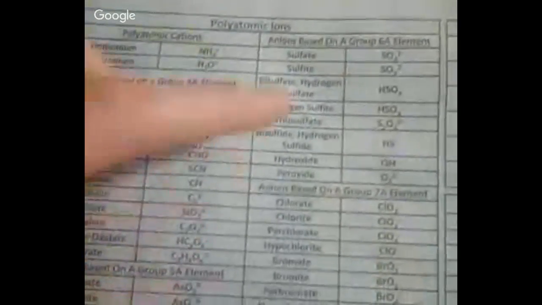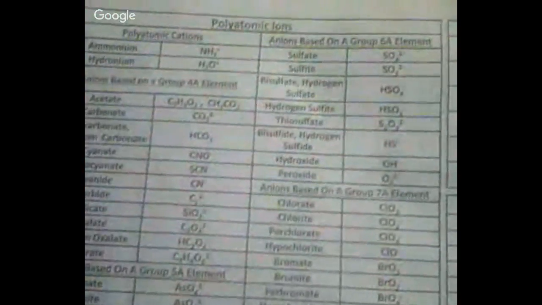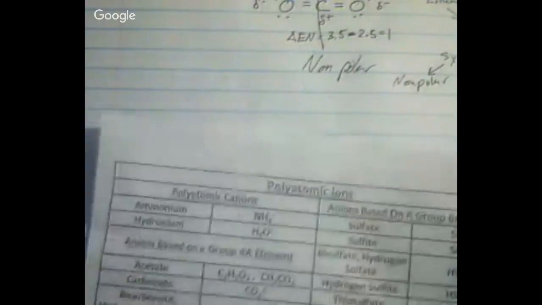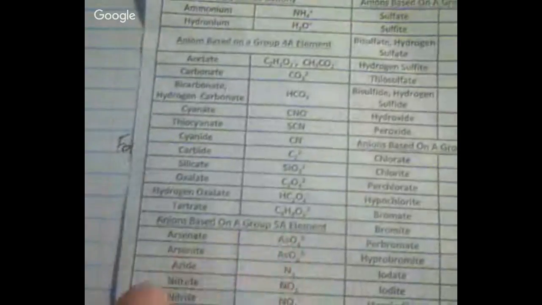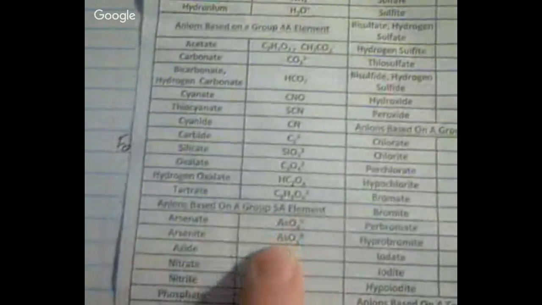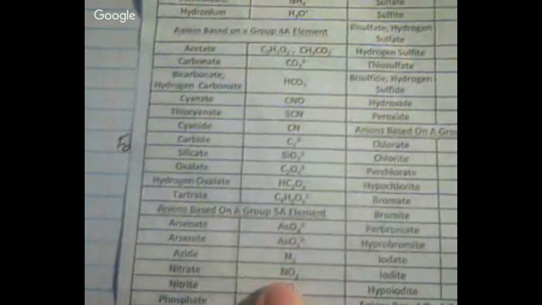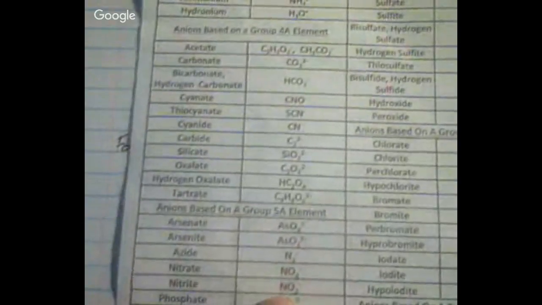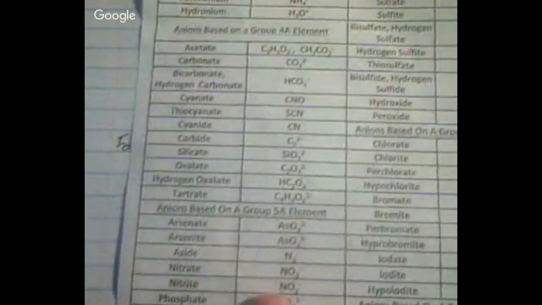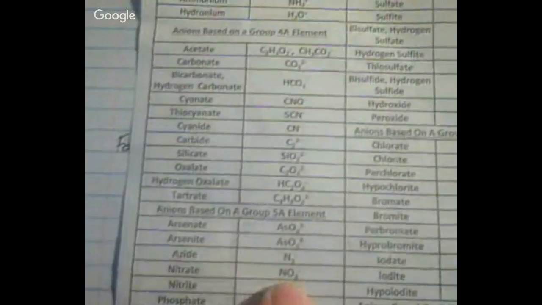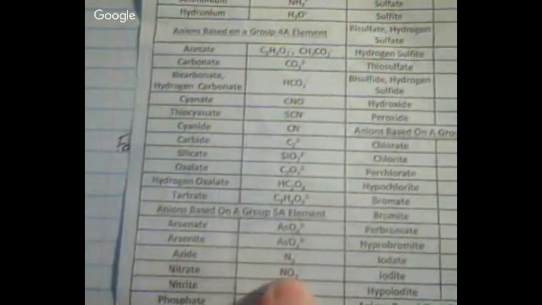So if we go back to polyatomic ions, everything else here are the negative ones. This one's with nitrogen, so that's going to be a group 5 element. If we scroll down, we see arsenate, something called azide, which is kind of weird. Oh, here's nitrate. Next to it is nitrite. Don't get those confused. Nitrate is NO3, and that whole thing is a -1.